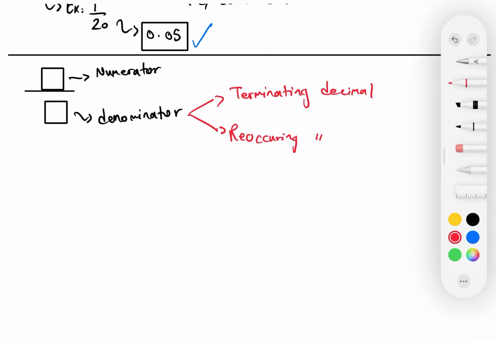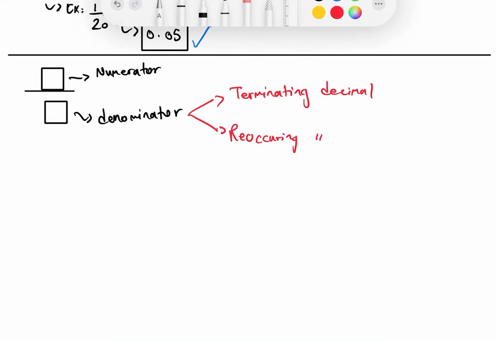Now, let's see how that happens. If it's a terminating decimal, then the denominator has to be a prime factor of only 2 and 5. But if it's a reoccurring decimal, then the denominator of that fraction should be any other prime factor other than 2 and 5, so all other prime factors.